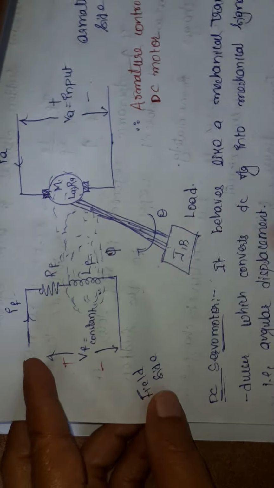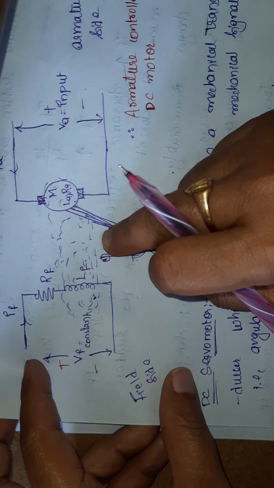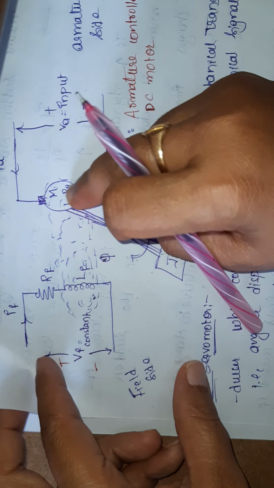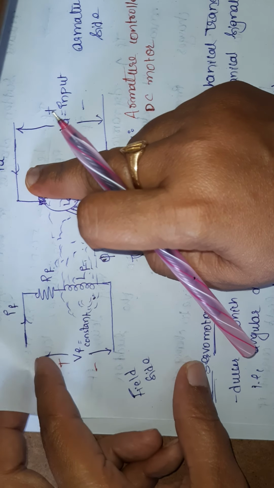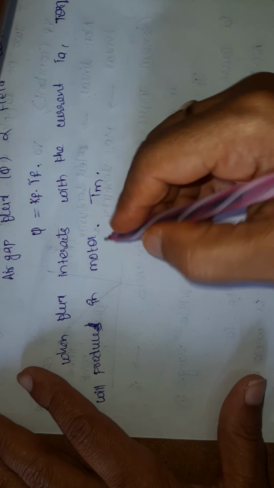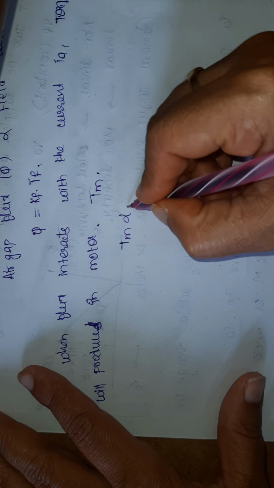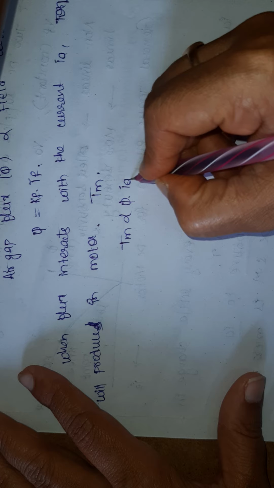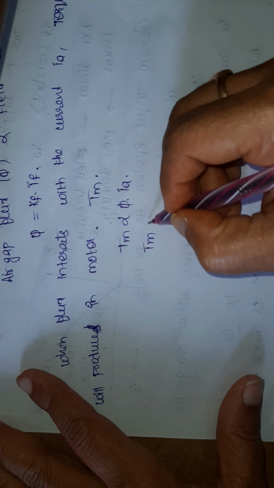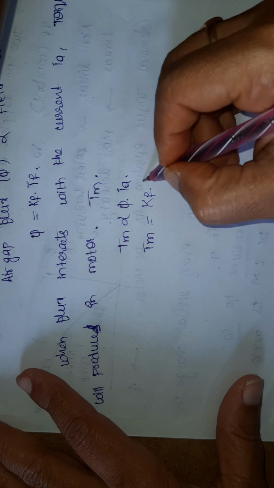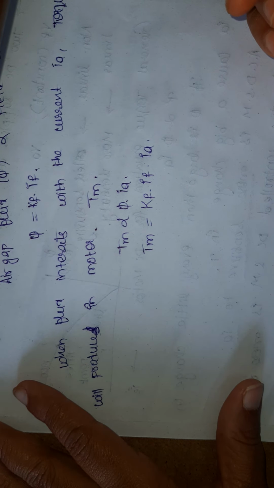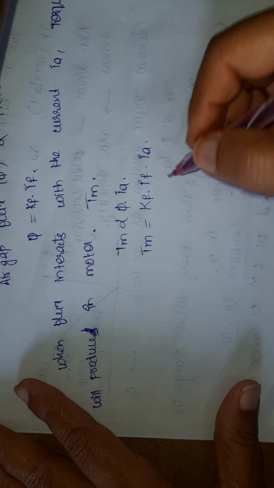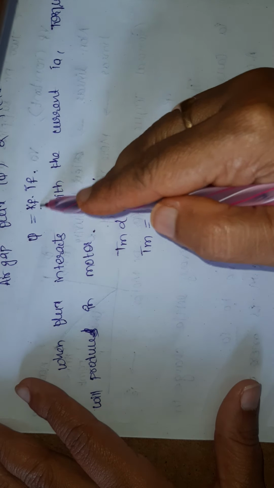So whatever flux is generated is interacting with this motor through which the current IA is flowing. When this flux is interacting with the current IA, torque is produced. Then that torque Tm is directly proportional to the multiplication of phi into Ia. If I remove the proportionality constant, I will get, what is phi? Kf IF.